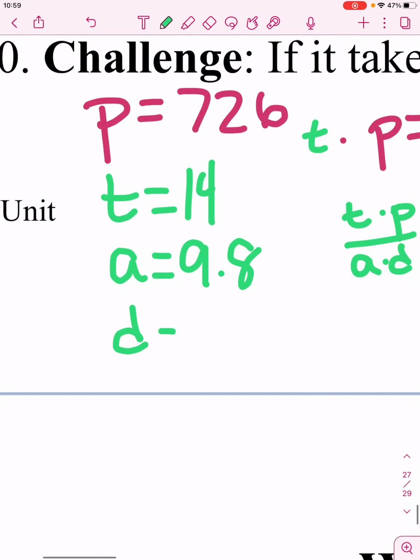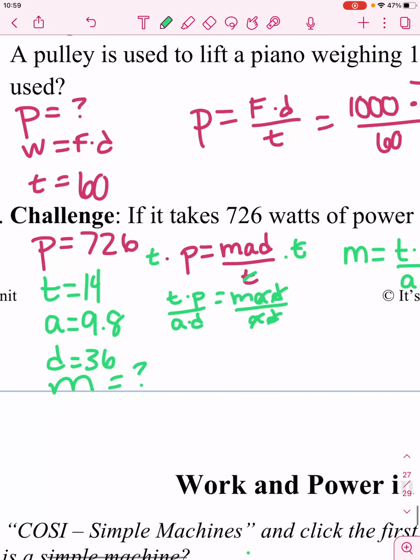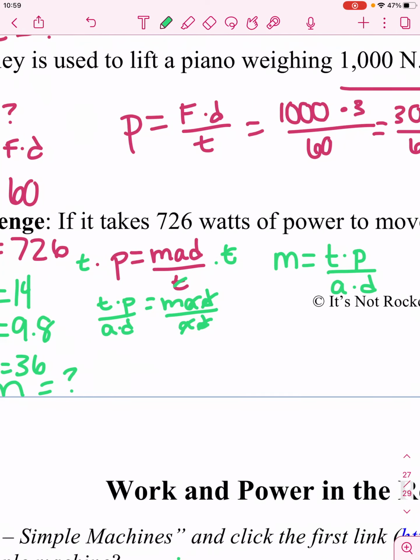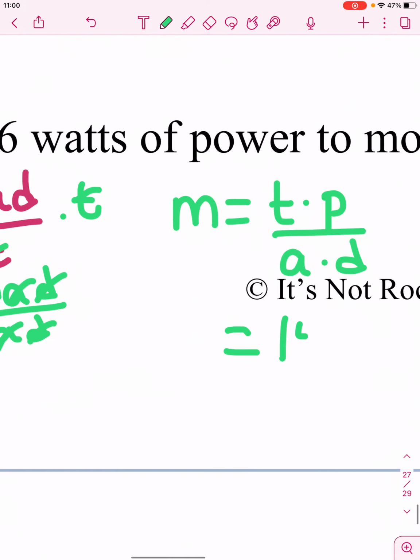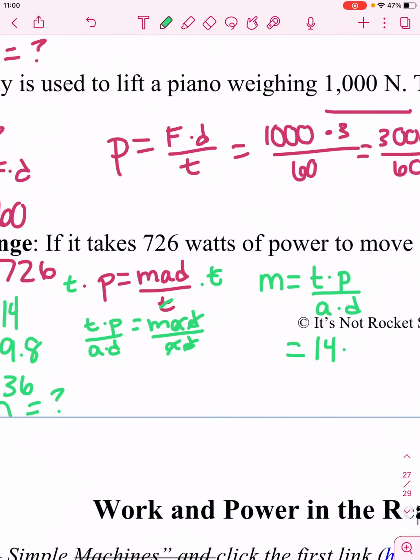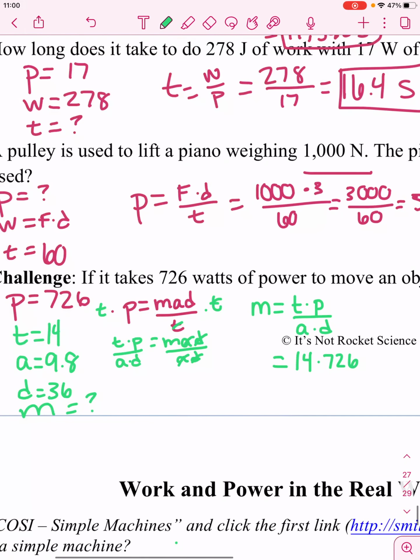All right. Now I'm going to go ahead and plug these in. So I have time 14 times my power, which was 726, divided by 9.8 times 36. Alrighty. Now I'm just going to go ahead and solve them.